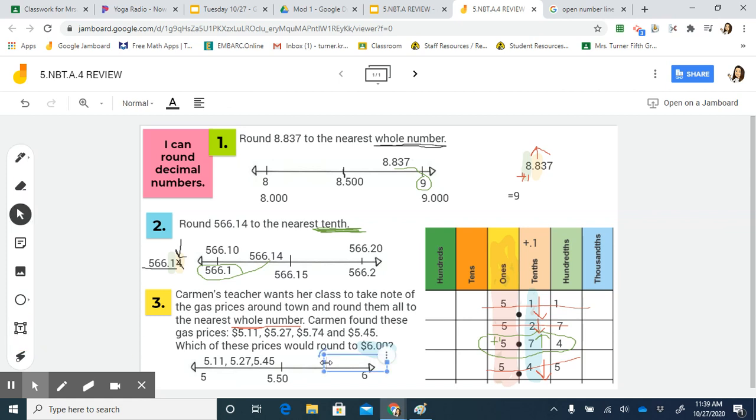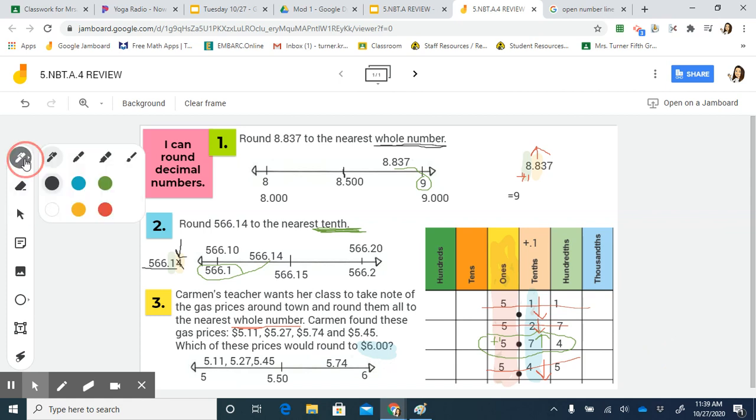And so that's why that one's closer to $6, and that's why that is my only answer. So I'm making clear that that one is my answer, showing my thinking every single time. So now it is your turn to go and show me that you can round decimal numbers using 1 or 2 strategies.